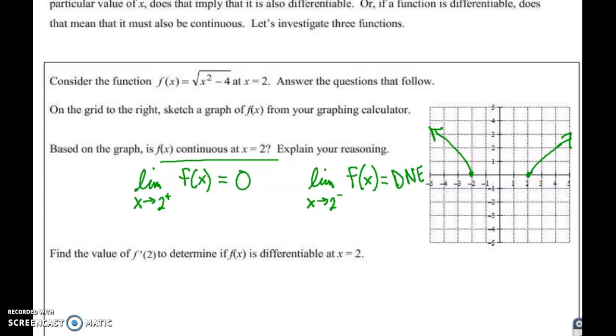So can it be continuous? Well, it is not. So this is discontinuous. And you can just say, even though f of 2 equals 0, the limit as x approaches 2 of f of x does not exist.